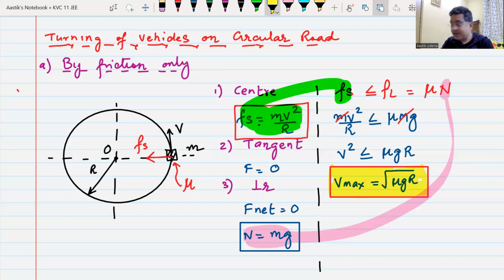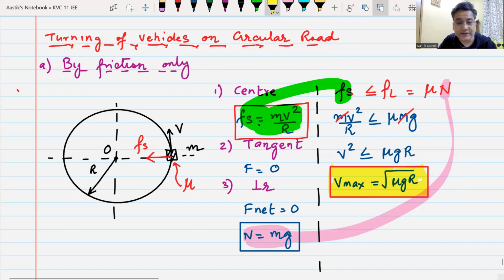So now we come to the next case. And what would be the next case? The next case would be turning. Obviously, we are going to turn, but we are not going to use friction. Then what are we going to use? How can we turn if there is no friction?